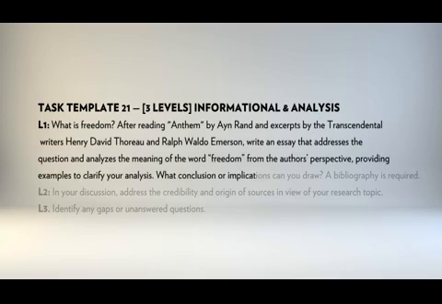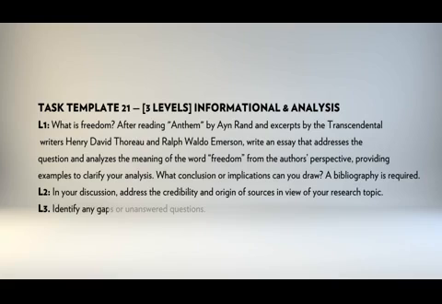What conclusions or implications can you draw? A bibliography is required. In your discussion, address the credibility and origin of sources in view of your research topic. Identify any gaps or unanswered questions.